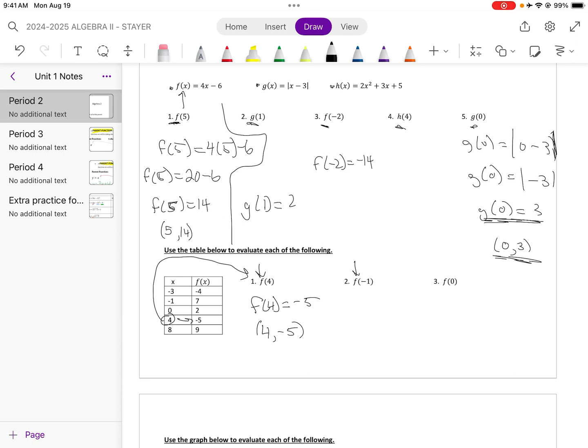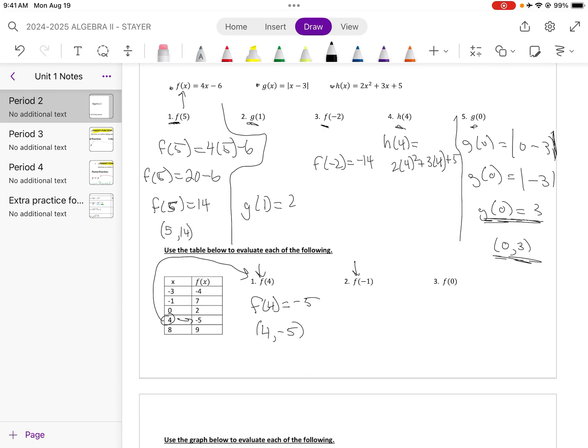Thinking about number 4 here for a second. Let's actually just work it out just to make sure I'm not going to make a mistake. So it's 2 times 4 squared plus 3 times 4, and then plus 5.